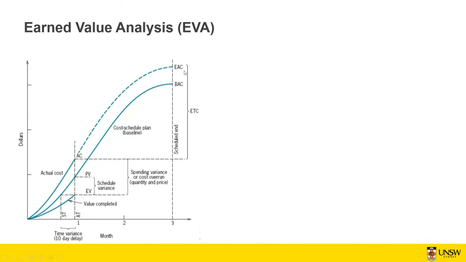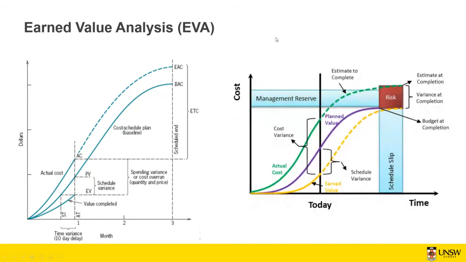And the difference between this estimated cost at completion and actual cost is going to be the estimate to complete. So this means this amount of money more we need to spend until the project is completed.